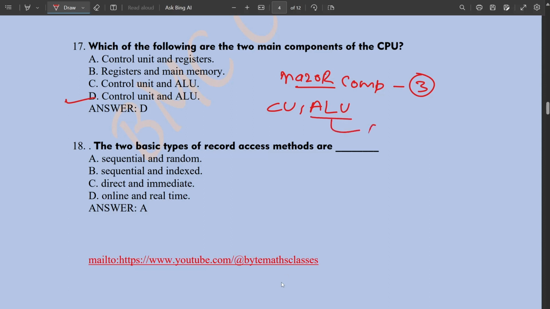ALU full form is arithmetic logical unit. It does calculations and arithmetic operations. Question 18, the two basic types of record access method are sequential and random. These are the two basic ones.